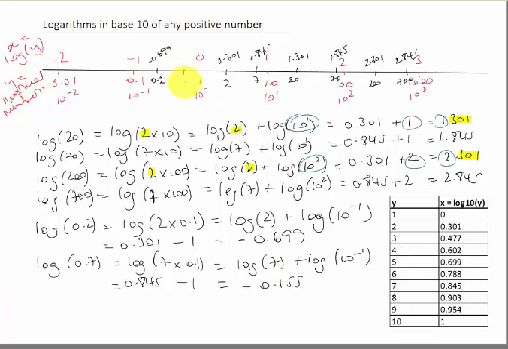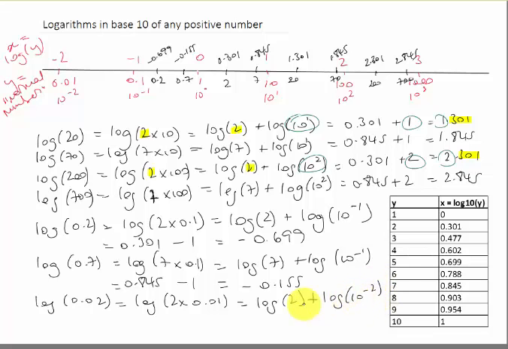So that would be up here somewhere. And let's just go one more order of magnitude out, so that's log of 0.02 is the log of 2 times 0.01, or the log of 2 plus the log of 10 to the minus 2.